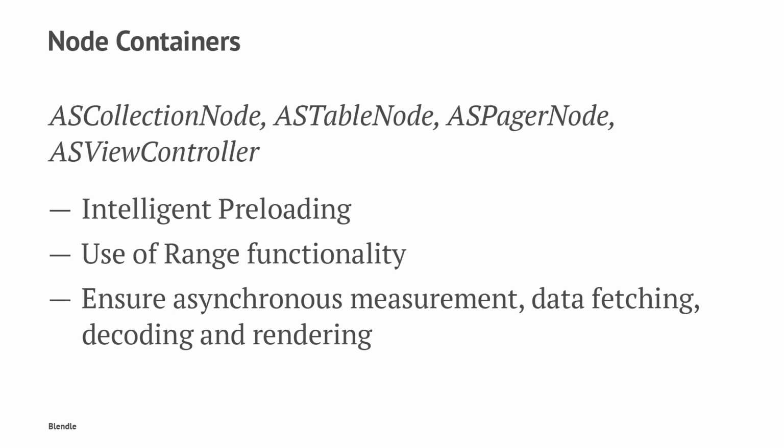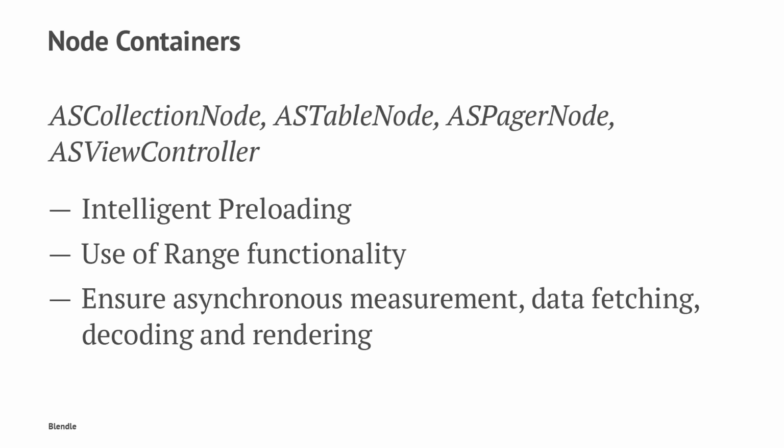The main benefit of these things is that they will do all the node management for you. So they have intelligent preloading. Like I explained, a display node is aware of its range. You can notify a node of its range. So you can say, well, you're on screen, you're in a data fetching range, you're in a pre-rendering range, and these nodes all work with that.